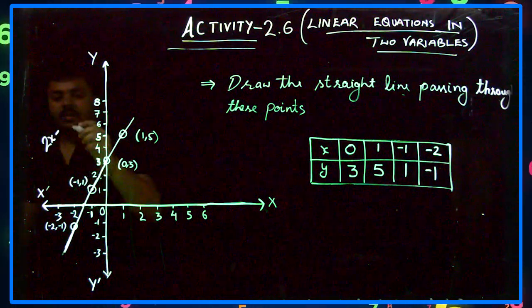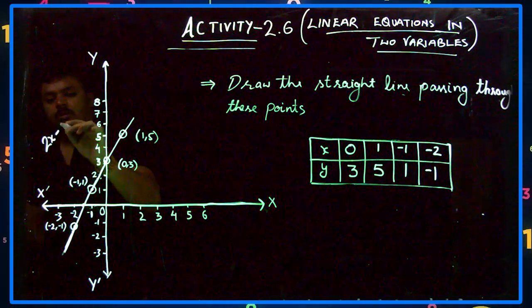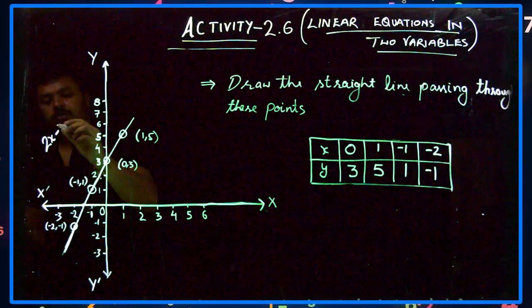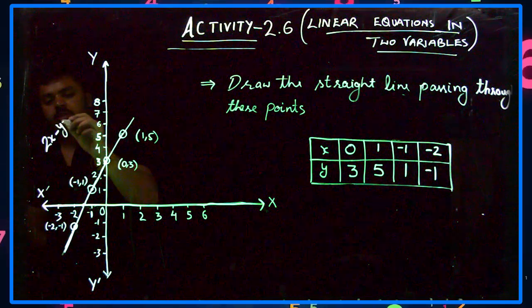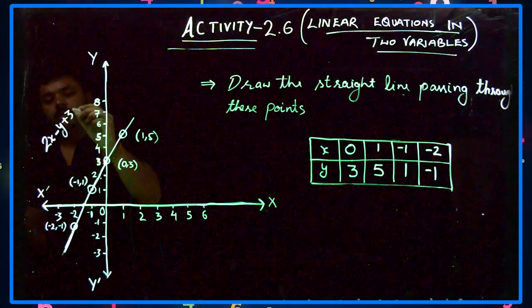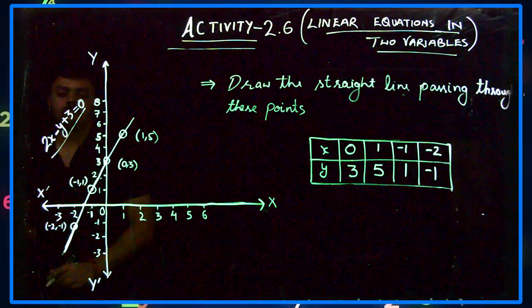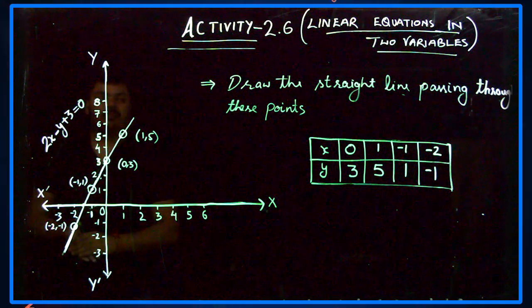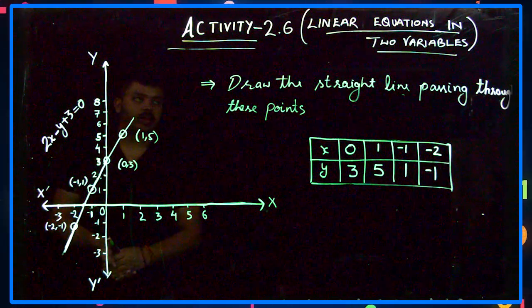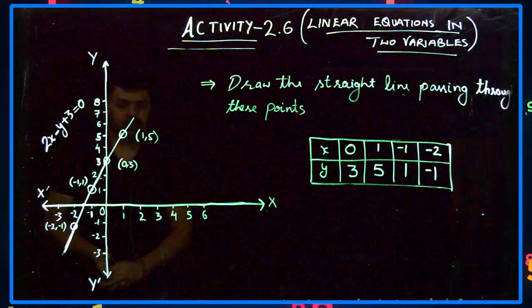So the graph obtained is of the linear equation in two variables 2x minus y plus 3 equals to 0.